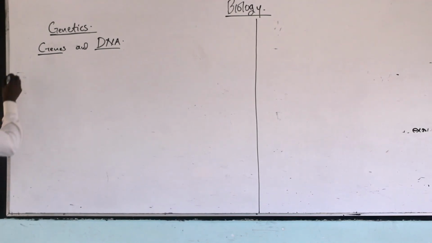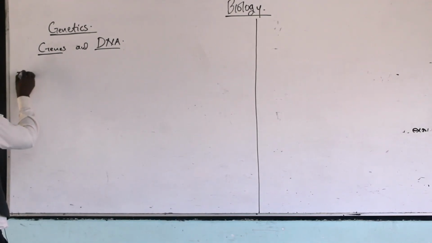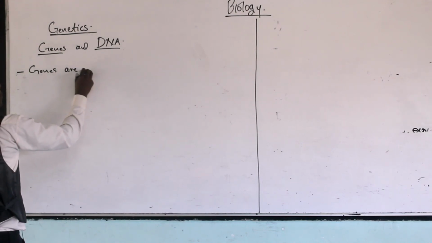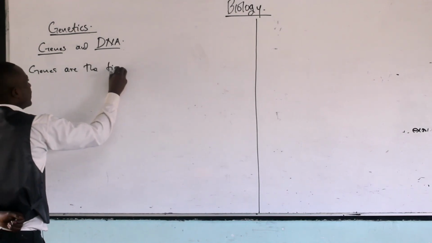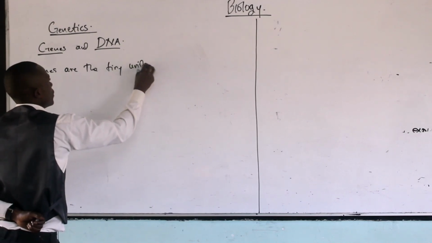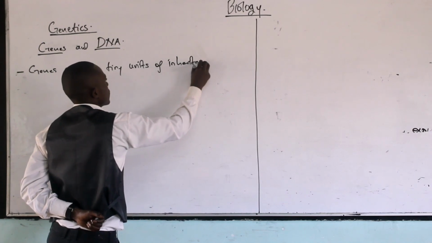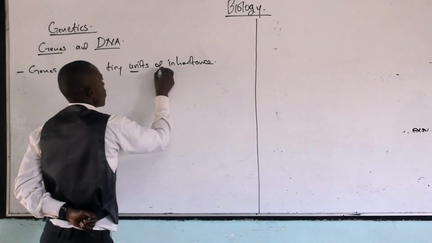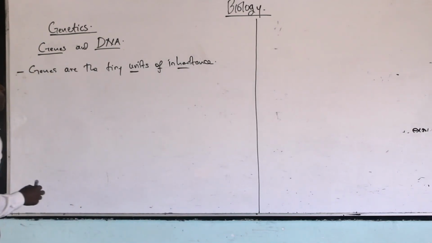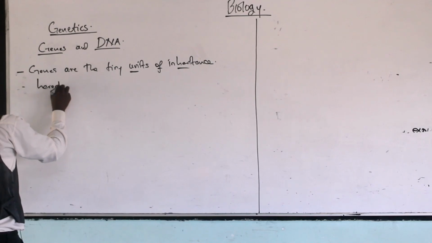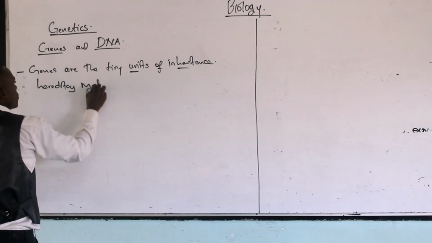Remember that genes are the tiny units of inheritance. The tiny units of inheritance simply means these are the ones which are going to carry hereditary materials.